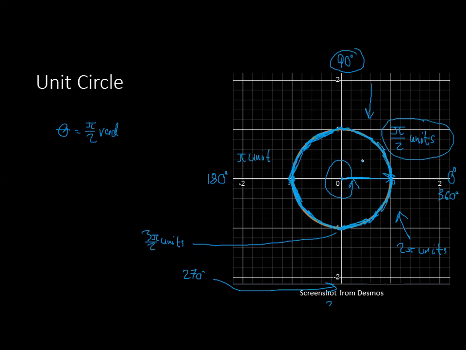The angle here in radians from 90 degrees is pi all over 2 radians, and the arc length here is pi all over 2 units. So what can we say? We can say that the angle formed is the same as the length of the circular arc. Because you see, pi all over 2 radians, and then the arc length is also pi all over 2, but different units. Here there's no centimeters or meters, so we represent it as units.